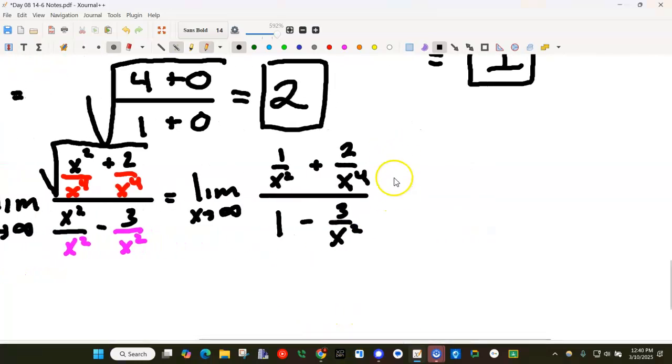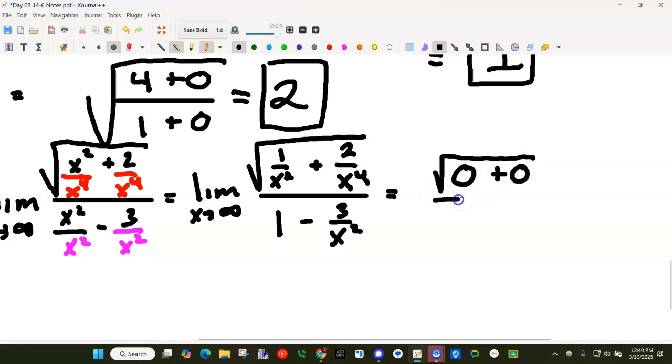So here I can finally take the limit, right? So I'm going to get 0 plus 0. Oh, I forgot the square root. All divided by 1 minus 0. Which equals just 0.